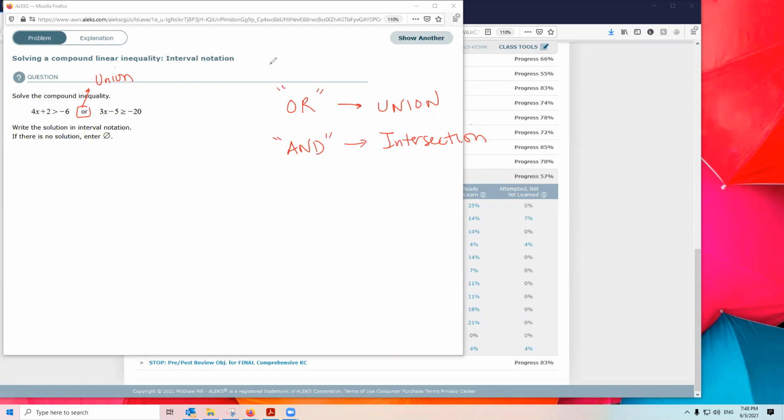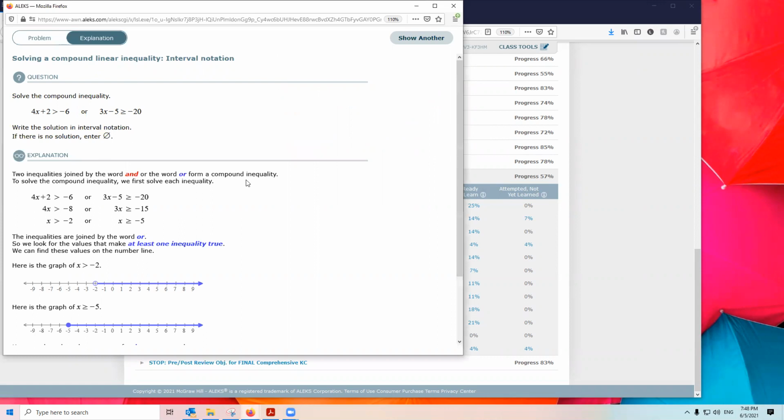So let's do that. I'm going to actually go to the explanation here. All right, well, you remember to solve inequalities, you're basically going to get x by itself on one side. So to get started here, I'm going to subtract 2 from both sides. Then I'm going to divide both sides by 4. So I'm getting x greater than -2.